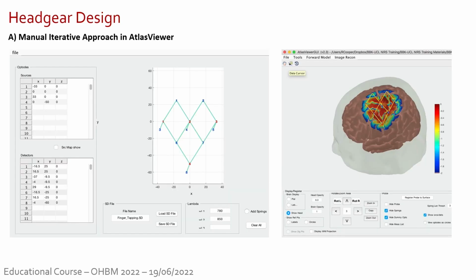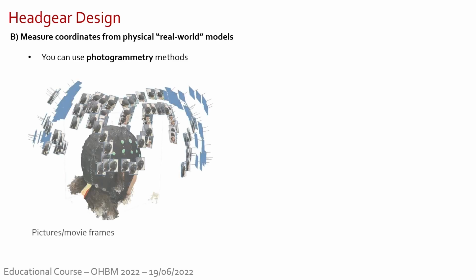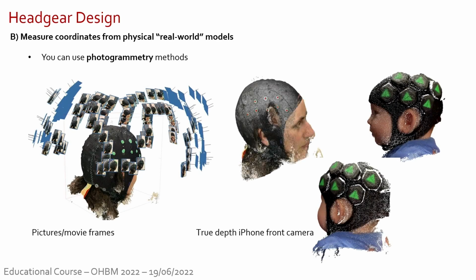But yeah, that's just an example of AtlasViewer, where you plug in all the optodes locations and you check on the head where that's on the cortex. You can use a photogrammetry method, which is used a lot, I realized, in architecture now, where you take loads of pictures or a video of the participants with the hat on.